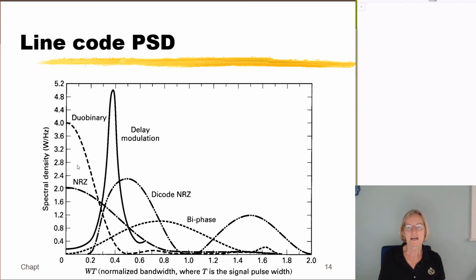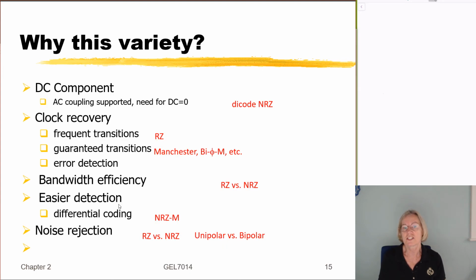Others, there could be choices where there's no DC and different applications, different kinds of components. These may be attributes that are desirable. So, for instance, if there is a DC component, that means you may want one if you want AC coupling. If you want to be sure that your DC is always 0, you might make a different choice.